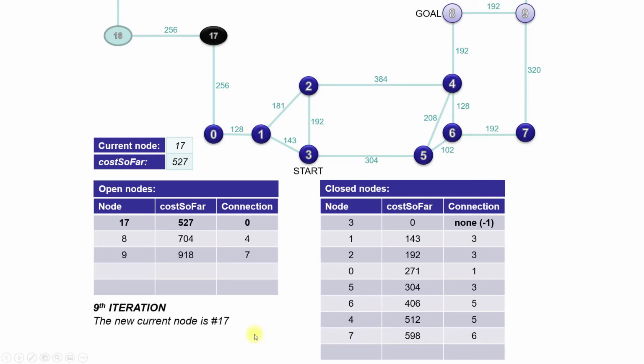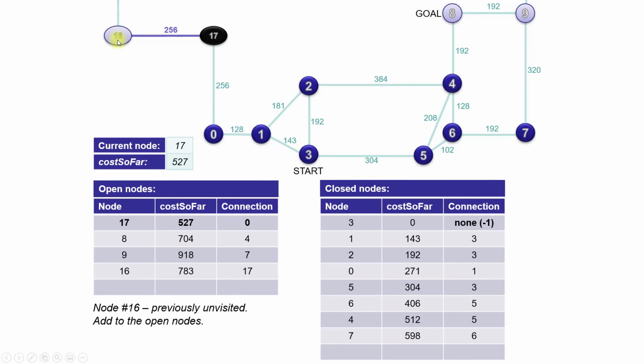The next iteration, iteration number 9, the new current node with the cost so far 527 is the node number 17. So at the other end of the graph, it's here, and from here we should visit the adjacent node number 0, but it's closed, so no update, and node number 16.